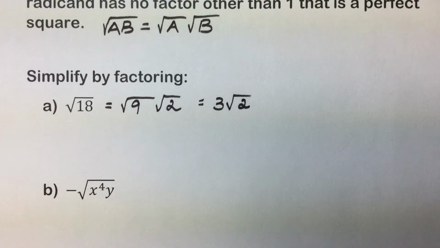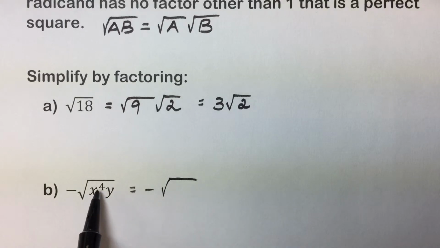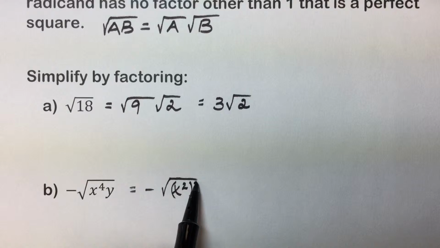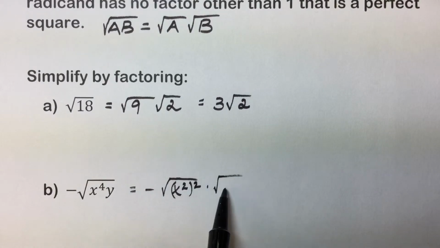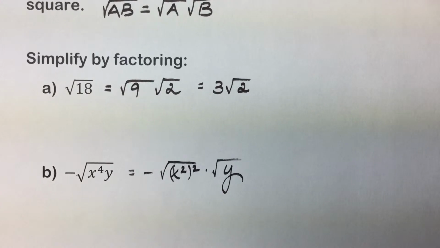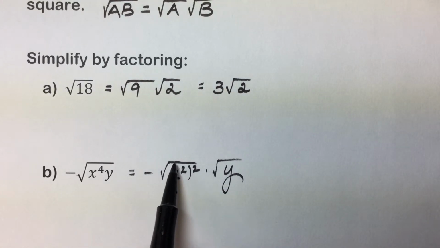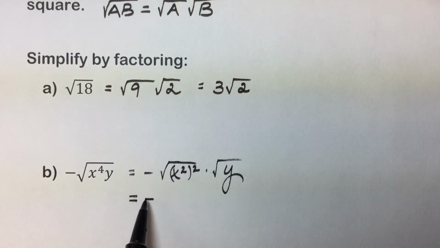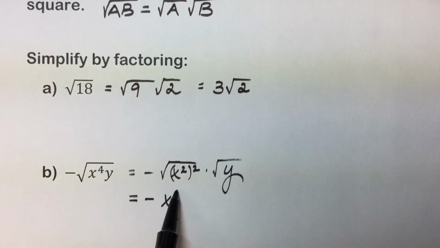In this next example, to simplify here, since x to the fourth is x squared to the second power, we'll break it down into the following factors and then simplify each of these. The square root of something squared is that quantity. We still have our opposite of this result.